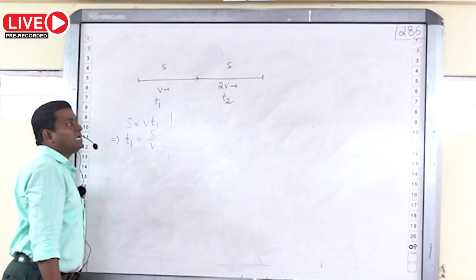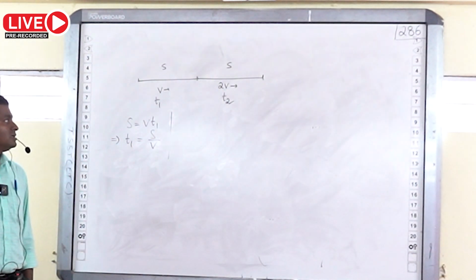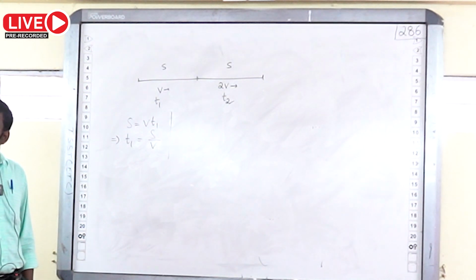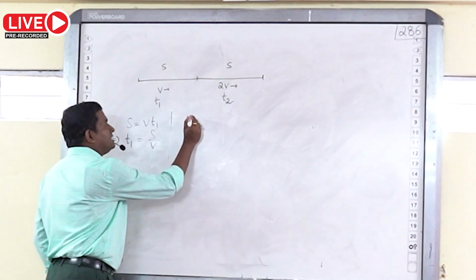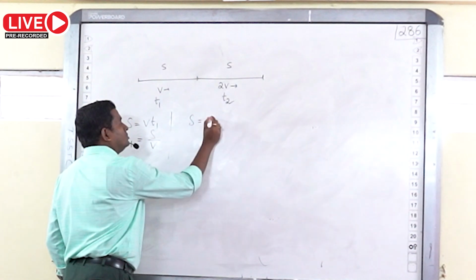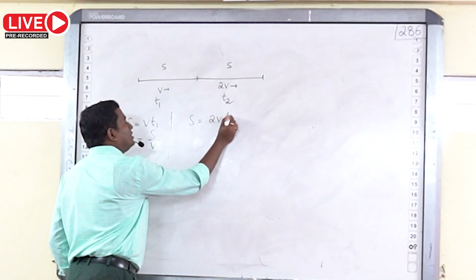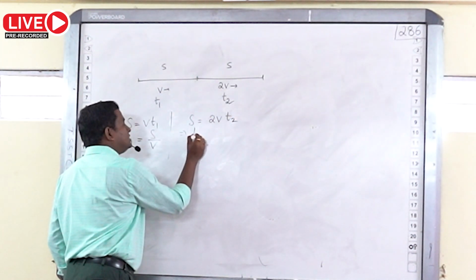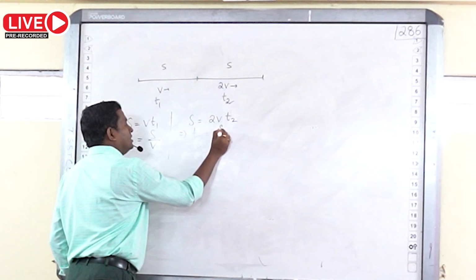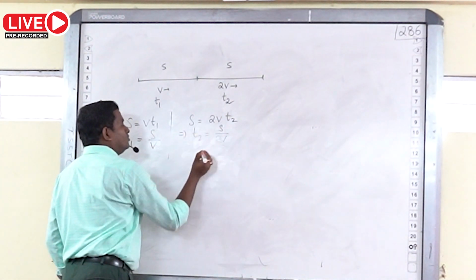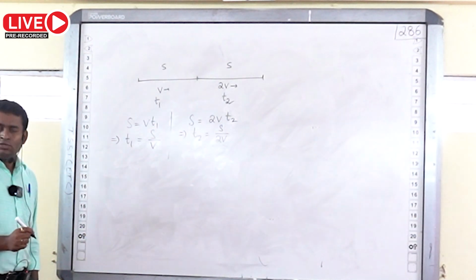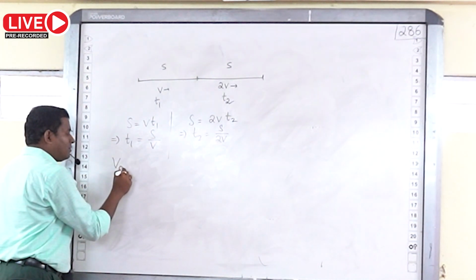In the second case, what is given? 2V. So we can write S equal to 2V into T2. So what is T2? 2V. So now we will calculate the average velocity.